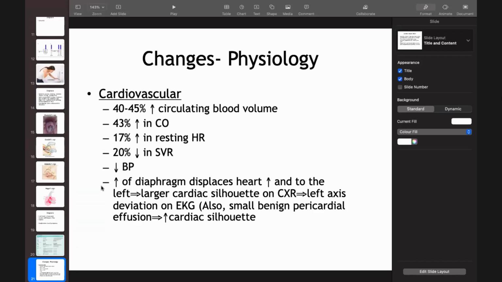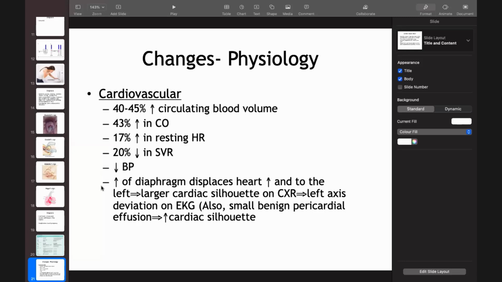These are due to hormonal changes. Resting heart rate will increase by 10 to 20%, and stroke volume will also be high. More than that, venous return will increase. There is a peripheral vasodilatation, and venous return will increase.